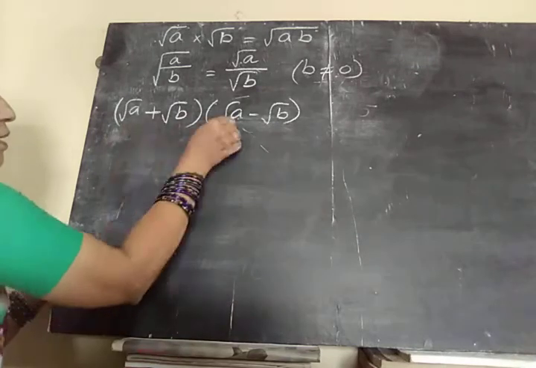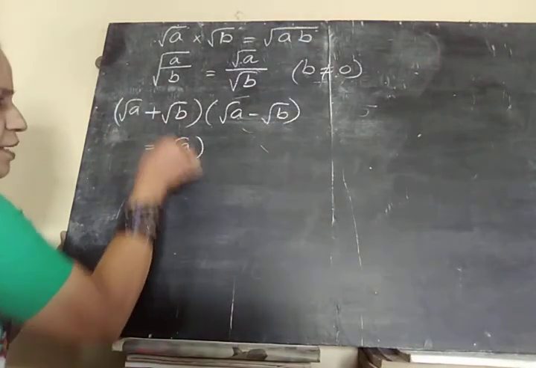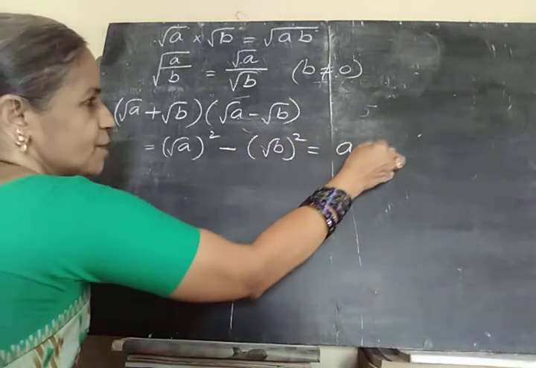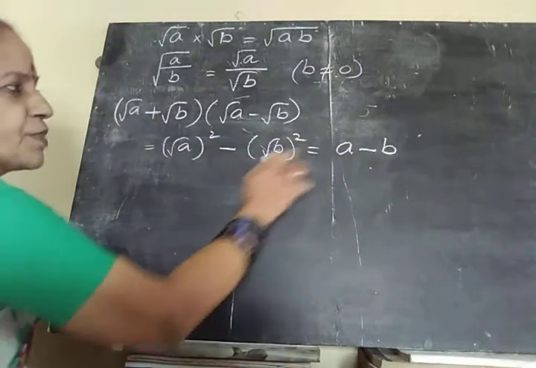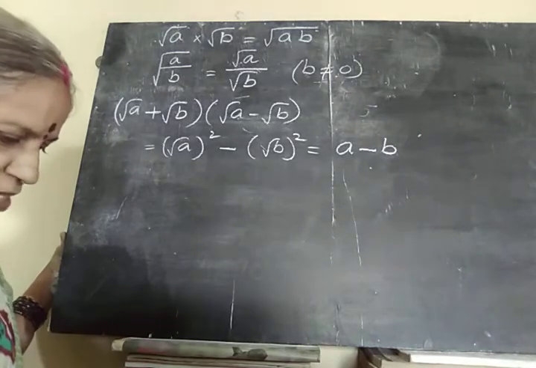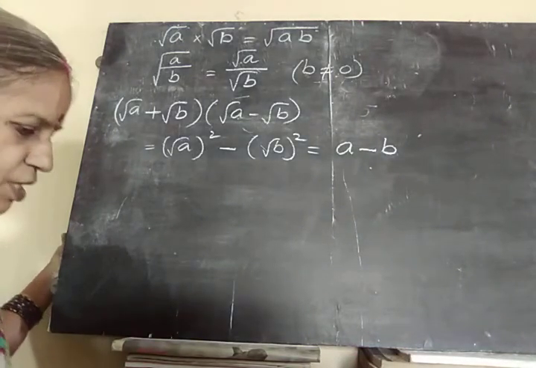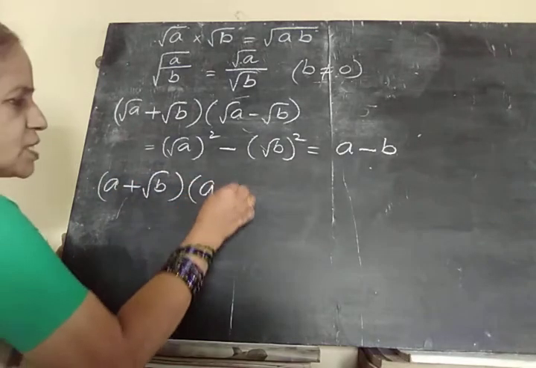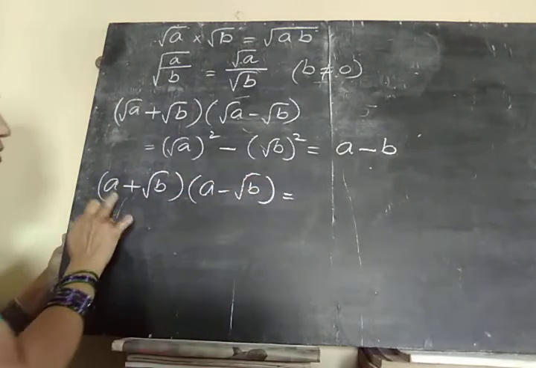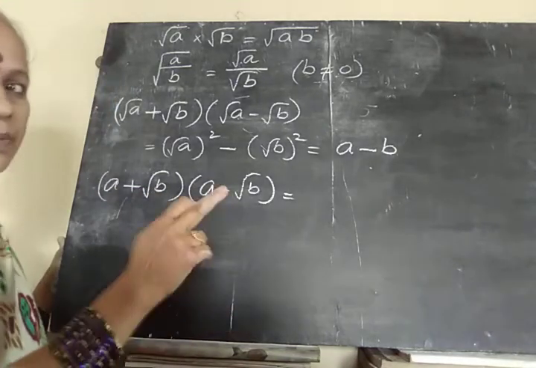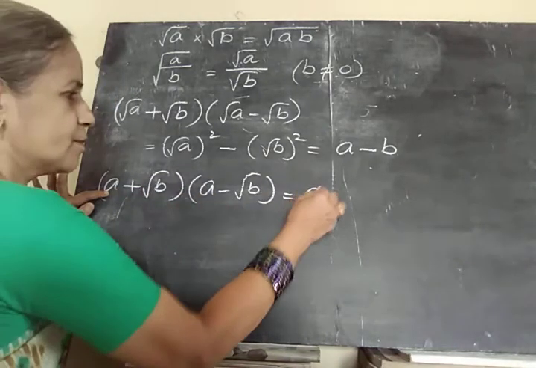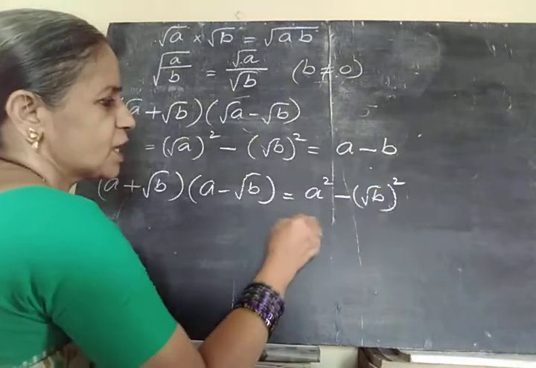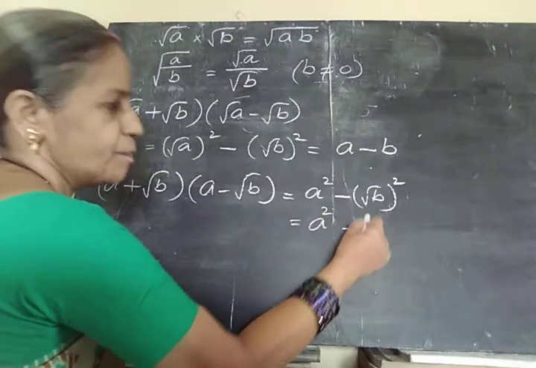So then here root A whole square minus root B whole square becomes A minus B. Root A whole square is A, root B whole square is B. A minus B. Next, A plus root B into A minus root B: A square minus root B whole square. That becomes A square minus B.